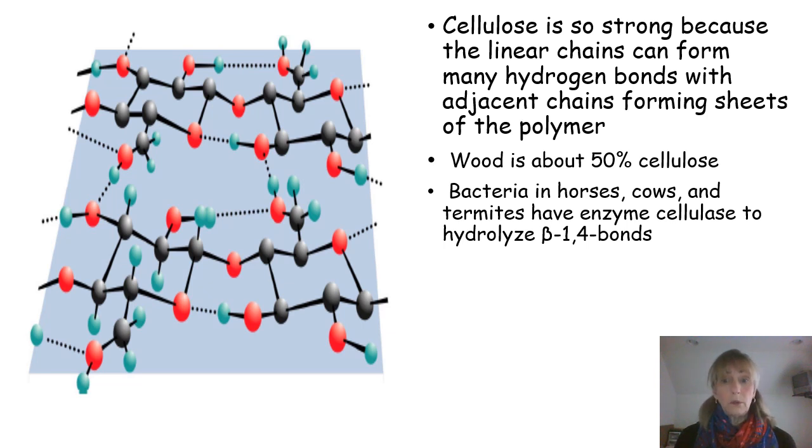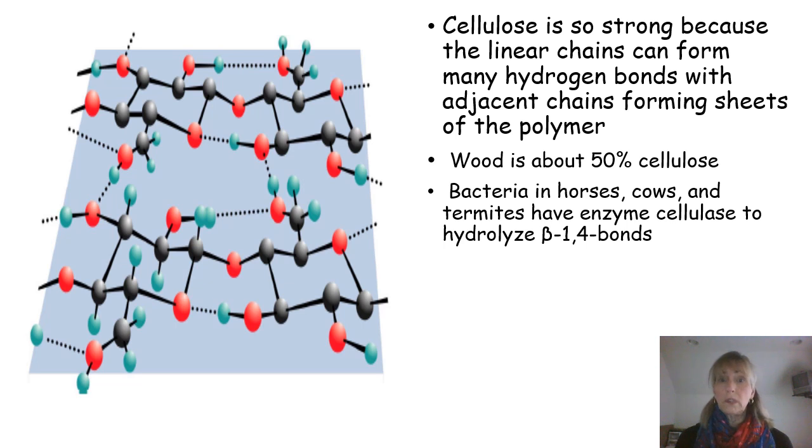so we know that horses, cows, and of course termites, all right, all eat plants, right? How do they digest this strong polymer, all right? Well, they have bacteria, all right?